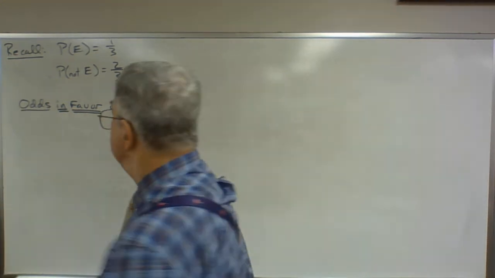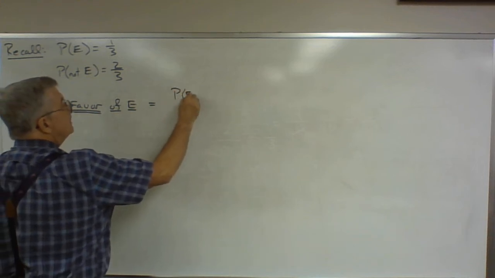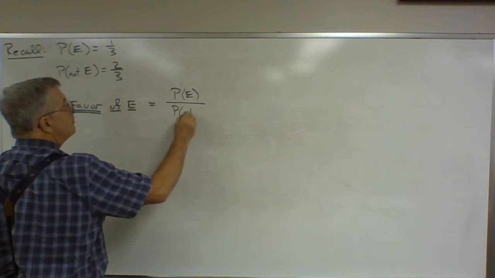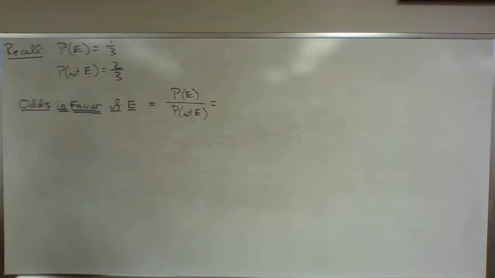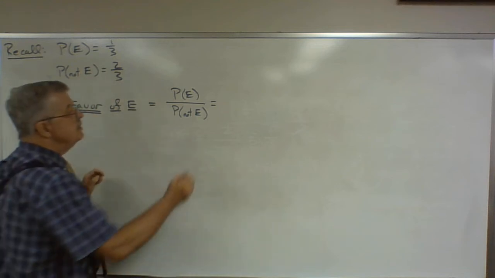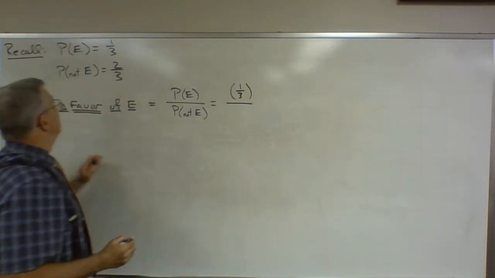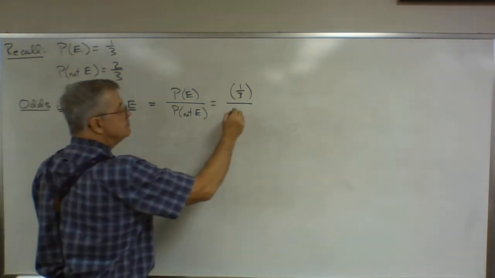So that's going to be the probability that E does occur over the probability that E does not occur. Probability that E occurs, 1/3. Probability that E does not occur, 2/3.